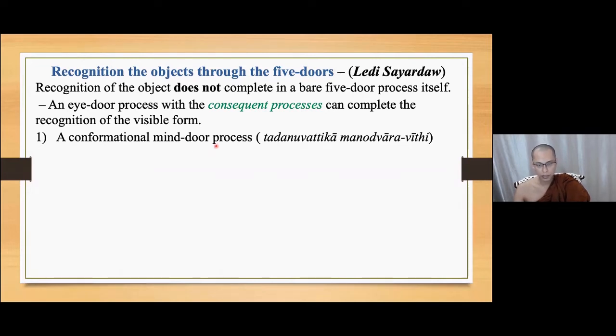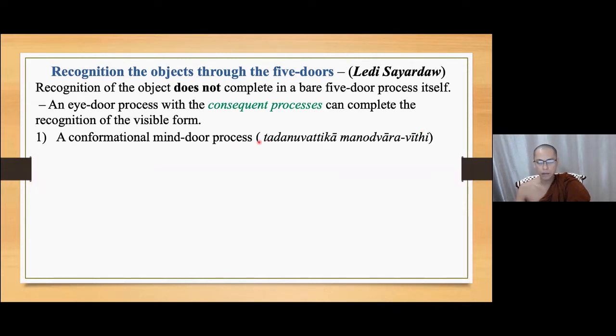The mind-door process does not arise due to its own specific condition. It arises based on the condition of the eye-door process. That is why this type of mind-door process is called the conformational mind-door process, Tadanovataka Manodara Viti.